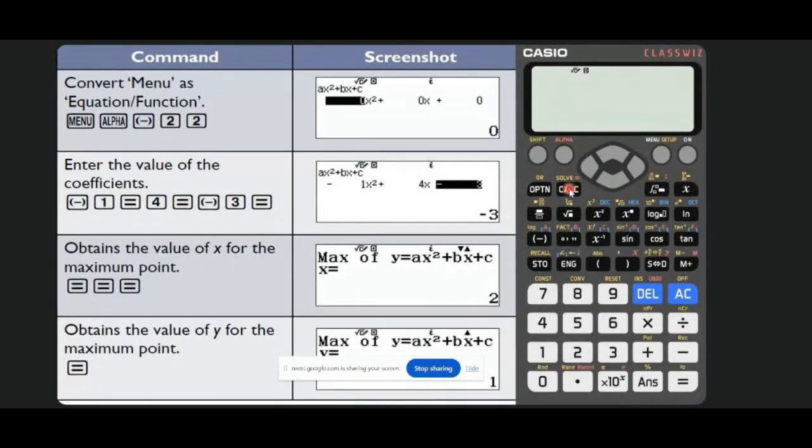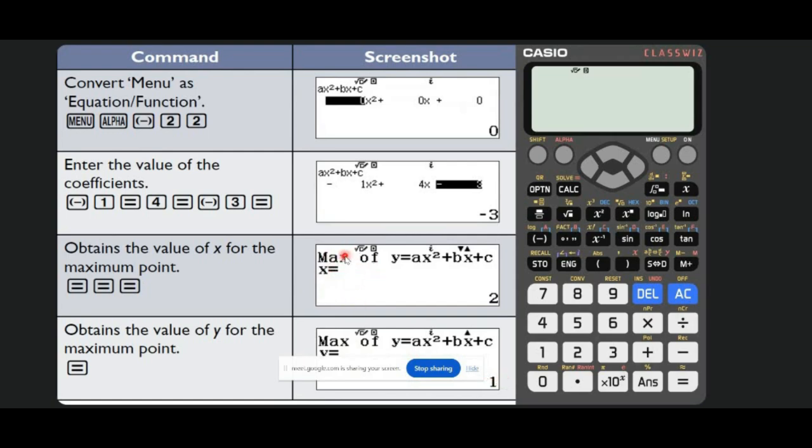When we press the equal sign, you will get ax squared plus bx plus c equals 0, and then x1 equals 3, x2 equals 1. Then when you press equal again, you will get max of y. x equals 2. Then press again, you will get max of y equals 1.